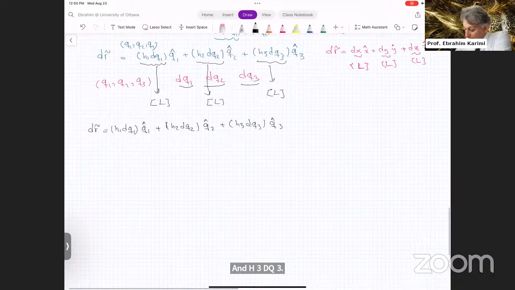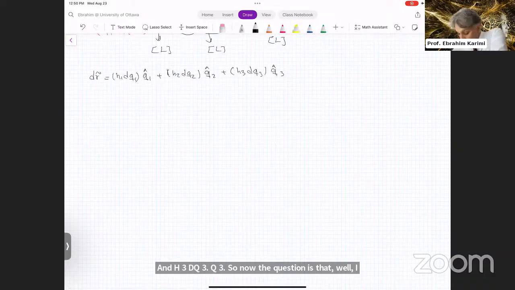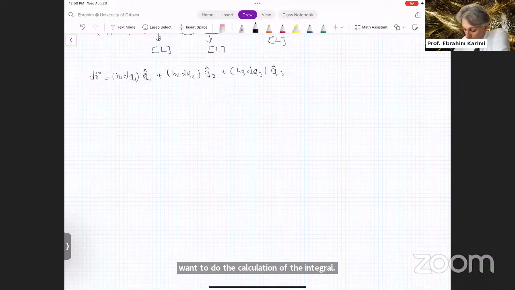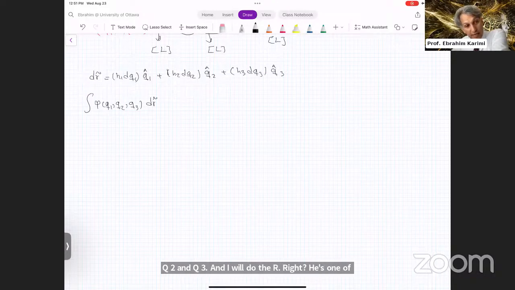So now the question is that, well, I want to do the calculation of the integral. So how should we do the integral calculation? Well, I have the integral of a scalar function of Q1, Q2, and Q3, and I will do dr, right? This is one of the integrals that I have.